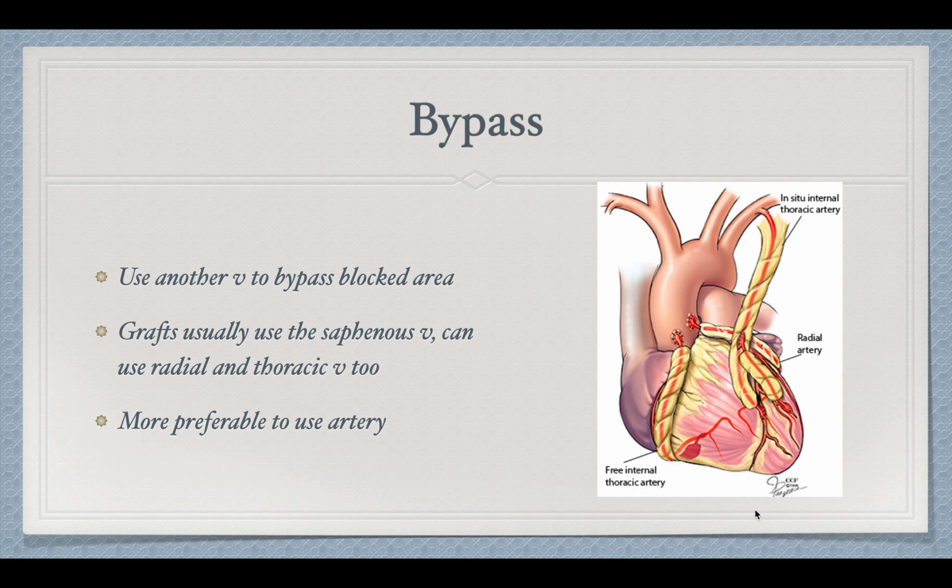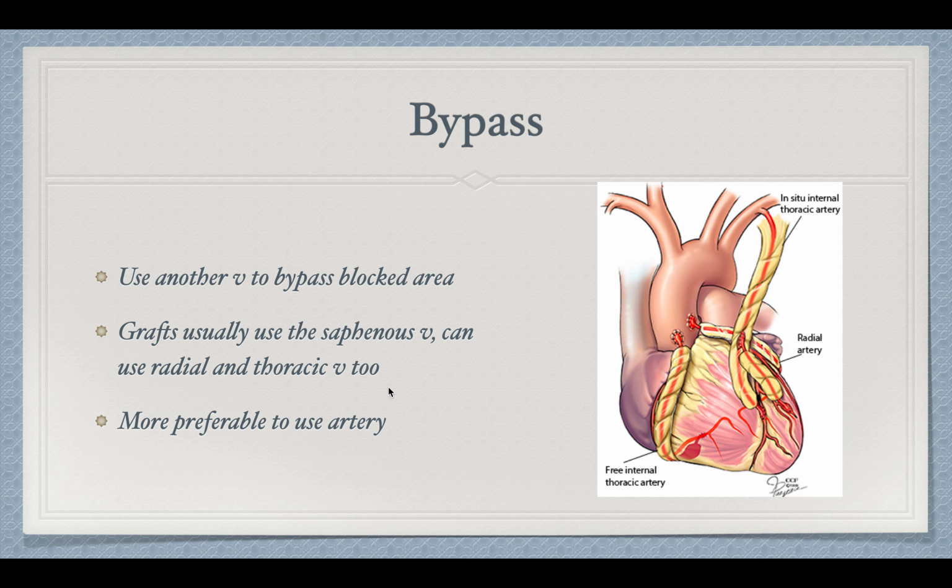In the heart, the way we treat it is by using an artery or a vein as a bypass in order to bypass the blocked part of the artery. Usually you use the saphenous vein, because it's large and easily harvested. You can also use the radial and thoracic arteries too. But in general, it's more preferable to use an artery because we don't have to worry about the valves.